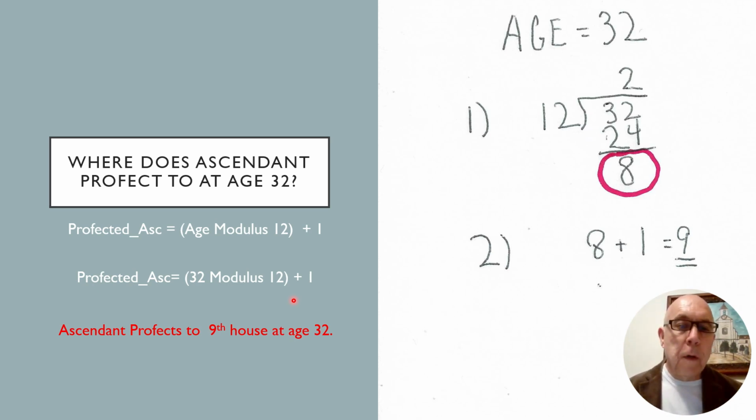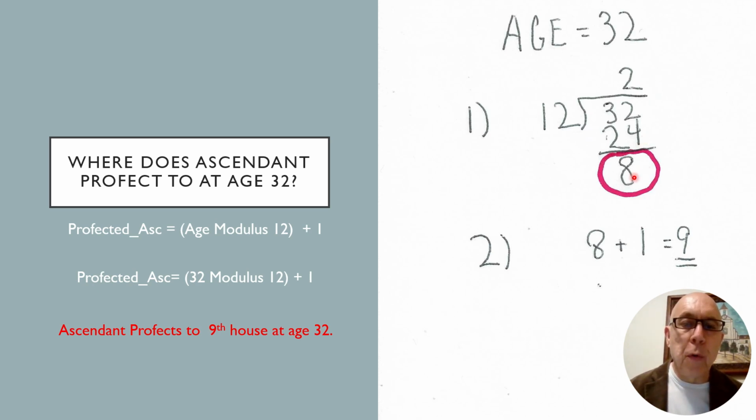To figure out what this would be, we go over here and we divide 32 by 12. 12 goes into 32 2 times, 24, and we have a remainder of 8. We don't care about this 2 up here. We're not going to use that.